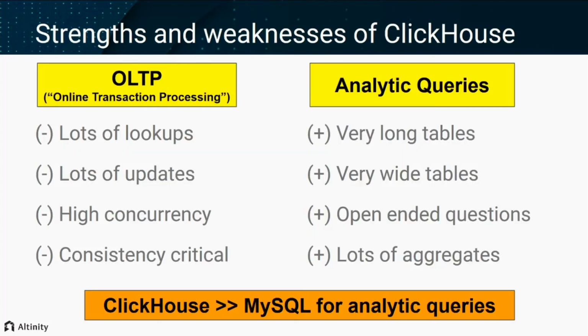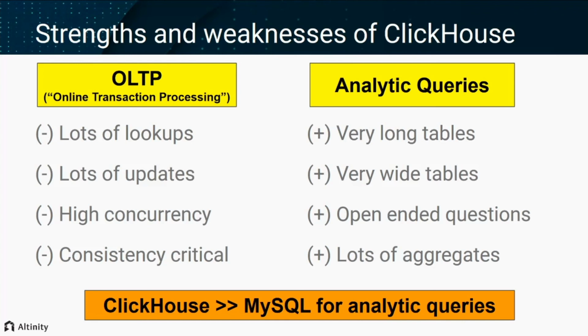So coming back, we can look at the strengths and weaknesses of ClickHouse. What's interesting is if you're deciding between MySQL and ClickHouse, in some ways the strengths of ClickHouse are a mirror image of the MySQL weaknesses.